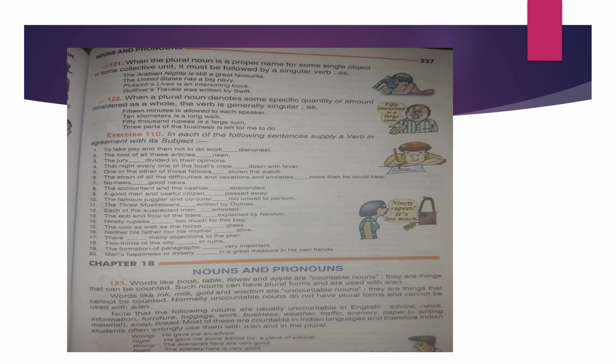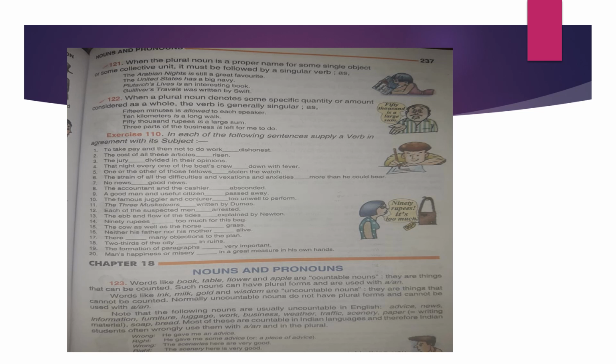And next we have "Gulliver's Travels was written by Swift". Again we are using "was" instead of "were" because it's a proper name for something. So it doesn't mean that because S is there we are supposed to use the plural verb. No, the singular verb is used. Why? Because it's a proper name for something, or some collective noun is used.